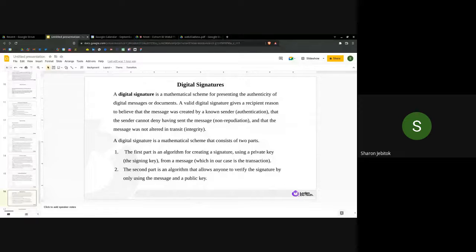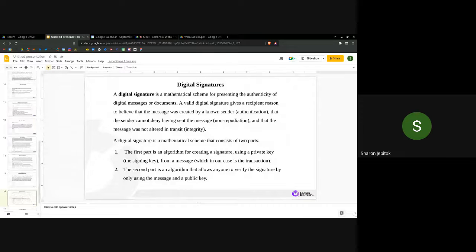So every transaction has to have a digital signature, and the digital signature is for these three reasons: showing that it's from an authenticated user; this user can't complain that they were not the ones sending the message or the transaction; and there is no way that the message can be altered during the processing of the transaction.